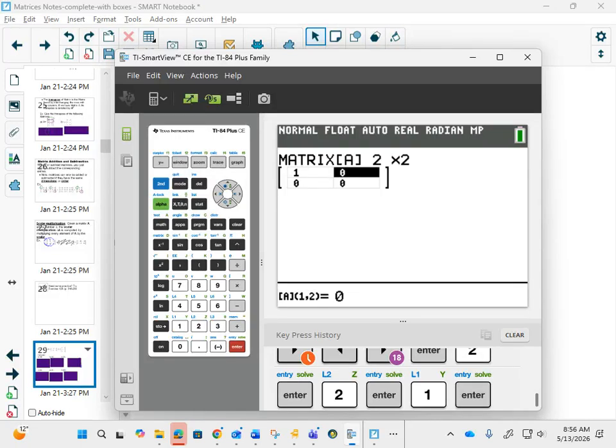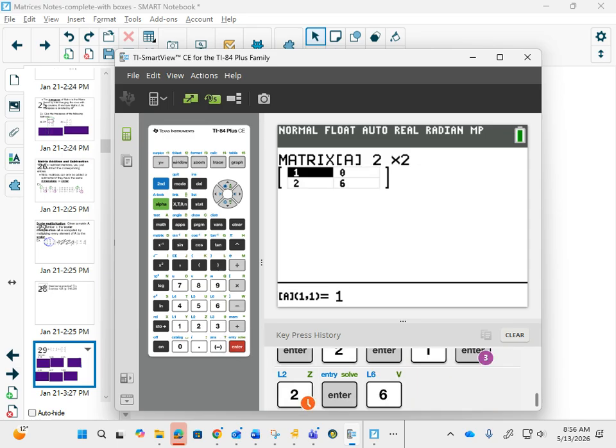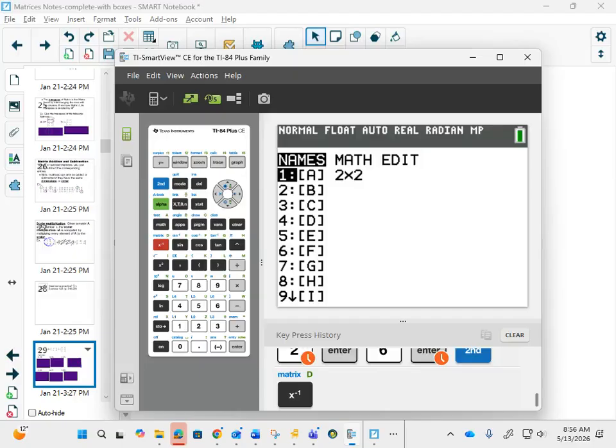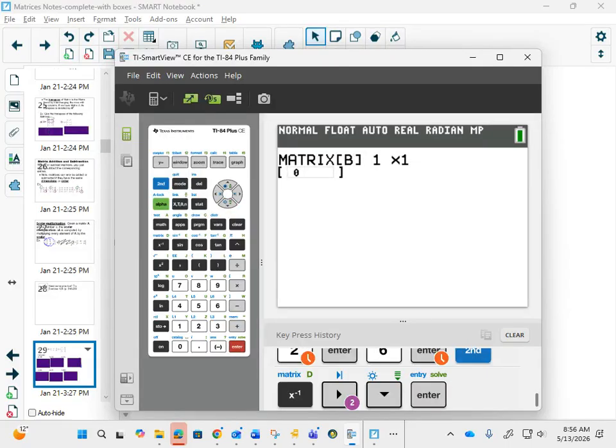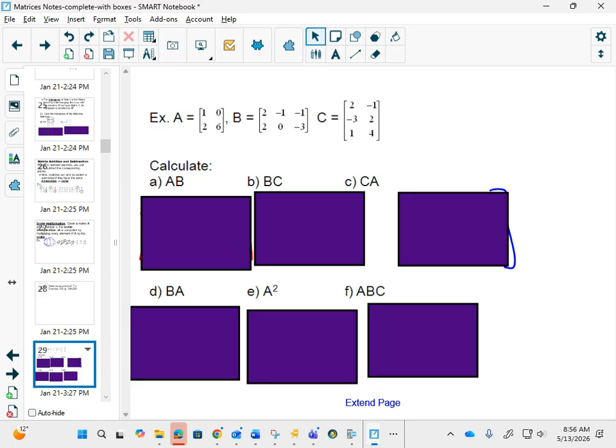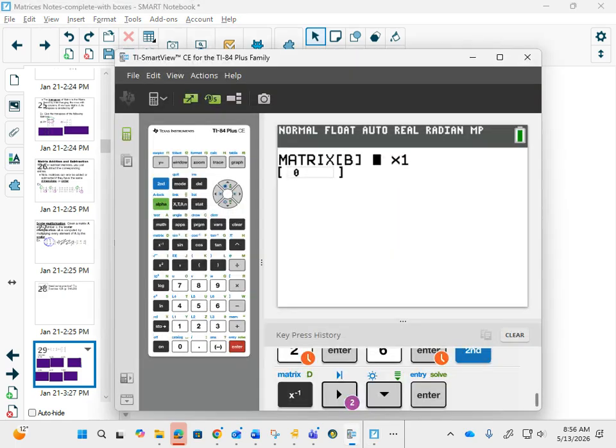When you push enter, it jumps to the next one. And then I can go second matrix, go over to edit, and notice in A it now lists it as a 2 by 2. I can go to B, and how big was B? B was 2 rows, 3 columns, 2 by 3.